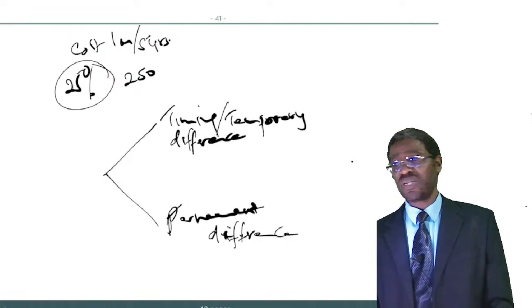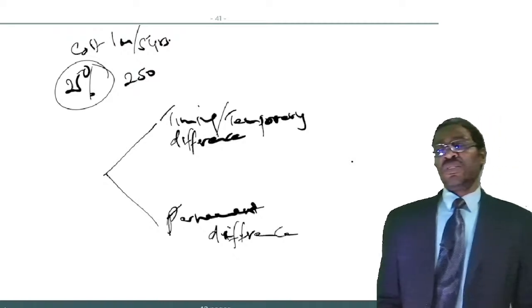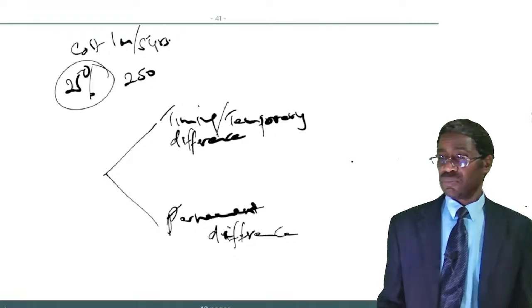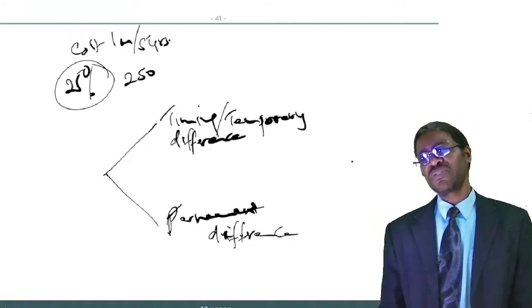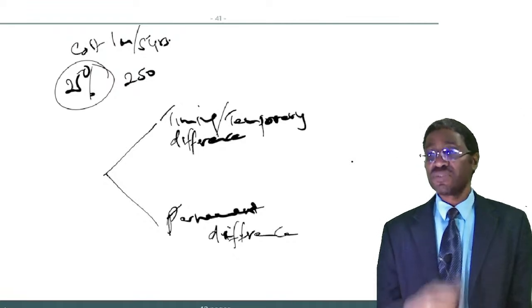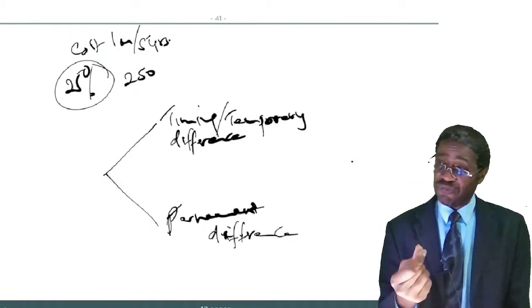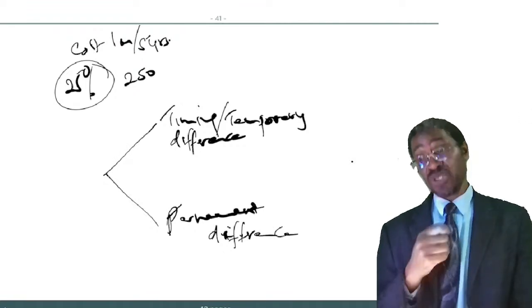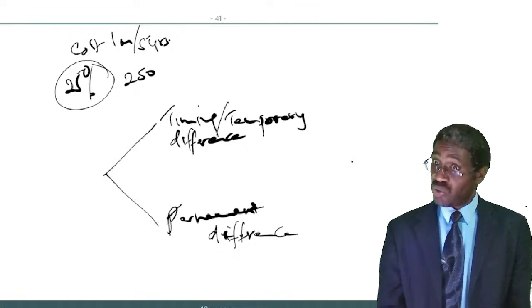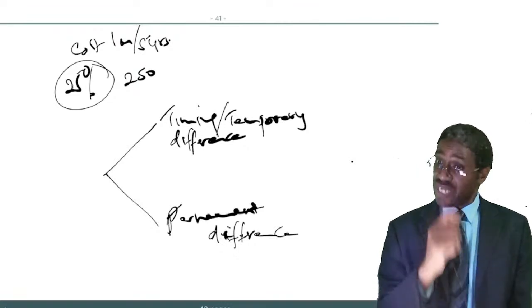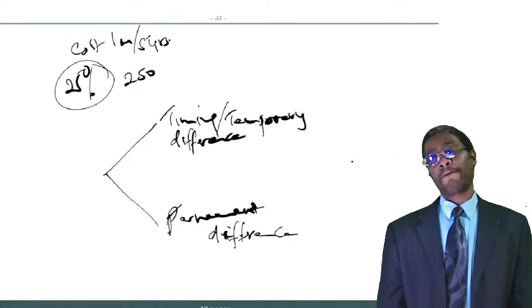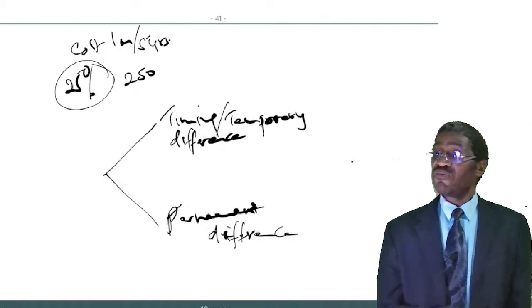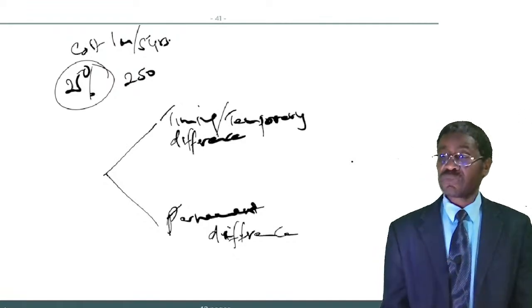So, write another paragraph. The following are the reasons why the accounting profit may differ from the taxable profit.